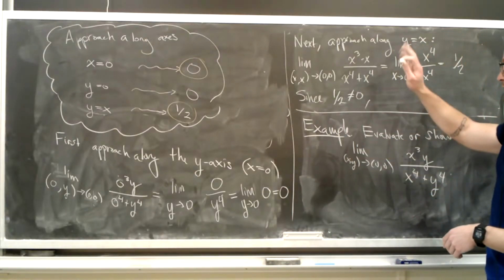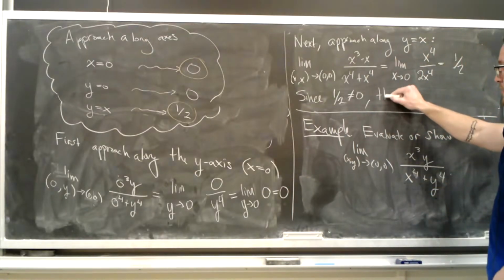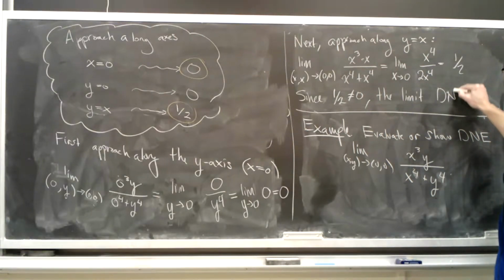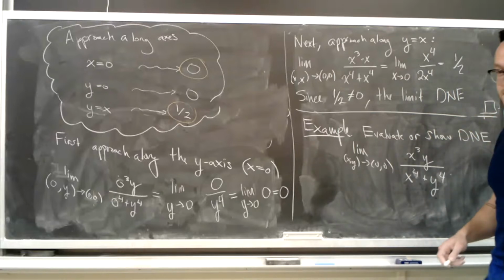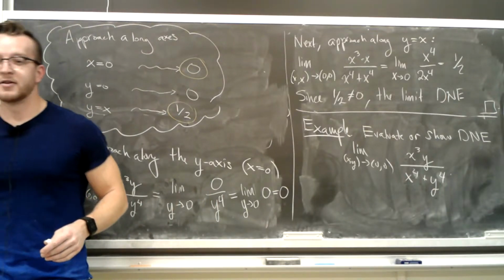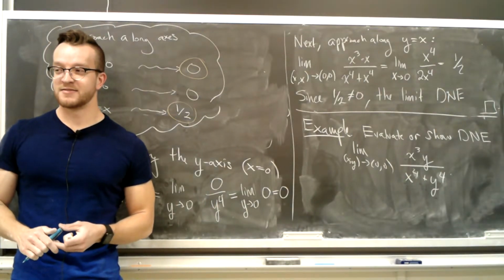So since 1/2 isn't 0, the limit does not exist. Nice. Okay. Polar, you can't show that it exists? Yeah.